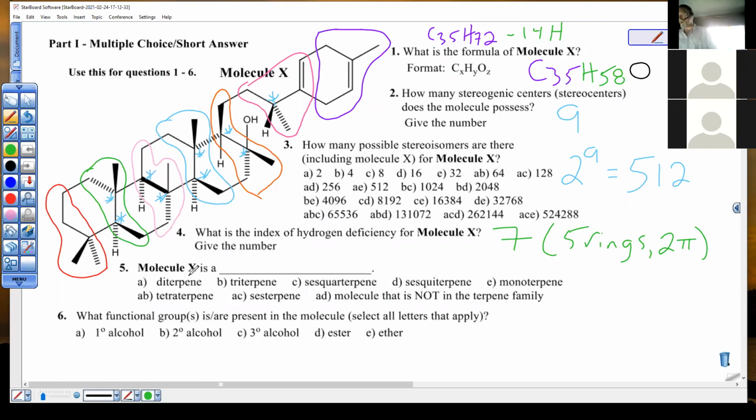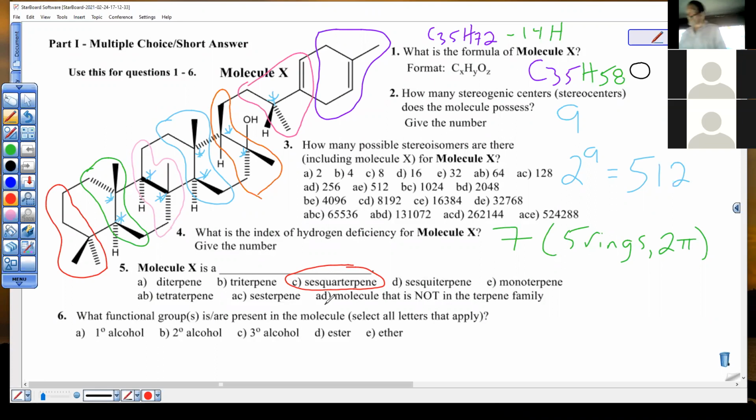And what do you call a molecule with 35 carbons that's in the terpene family? Well, I'm just going to run through these. Diterpene is 20. 30. Sesterterpene is 25. Sesquar is 35. That's our answer. The ses names all end with 5s. Sesqui is the smallest one, 15. And ses is the next one, 25. And then sesquar, 35.